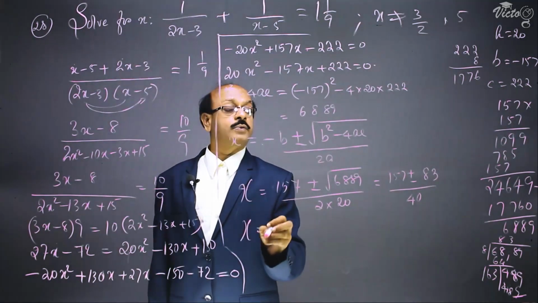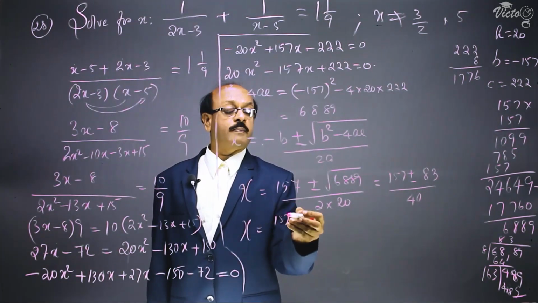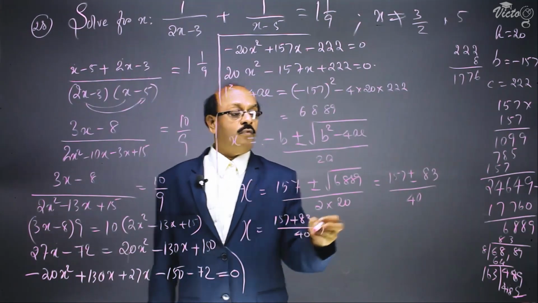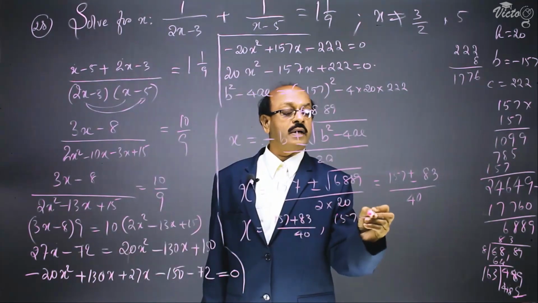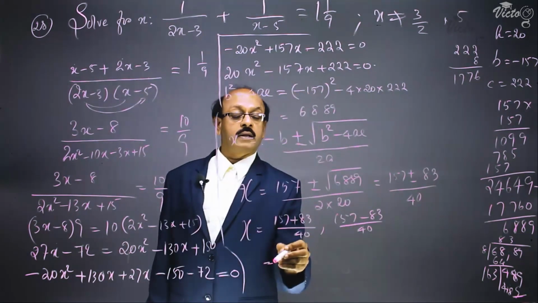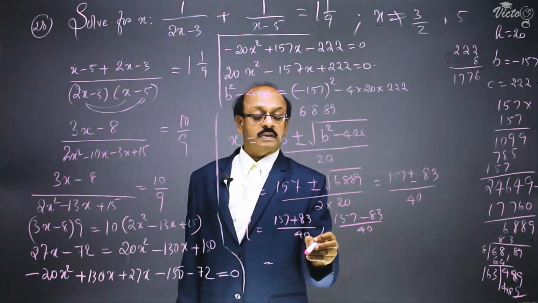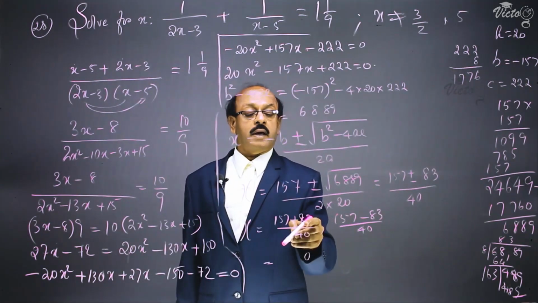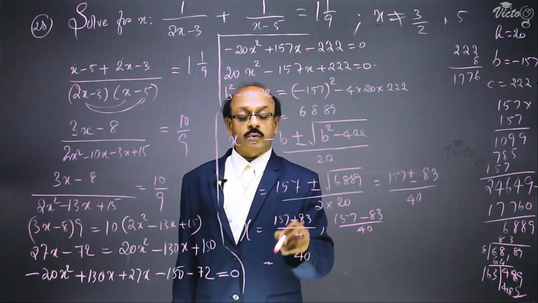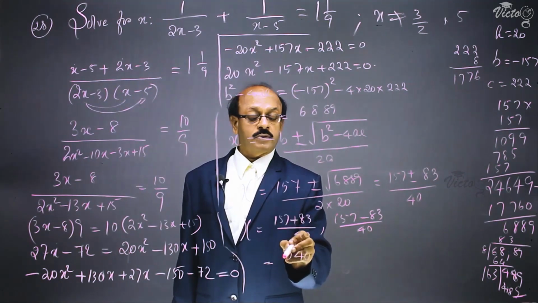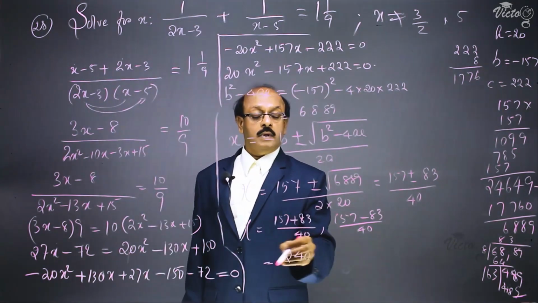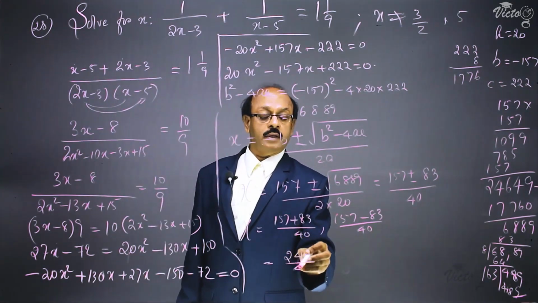x is equal to 157 plus 83 by 40, or 157 minus 83 by 40. Adding, 7 plus 3 is 10, 9 plus 5 is 14, 1 plus 1 is 2, so 240 by 40.